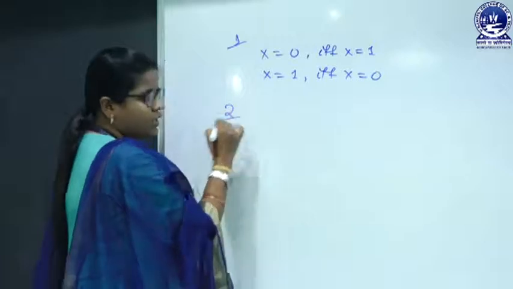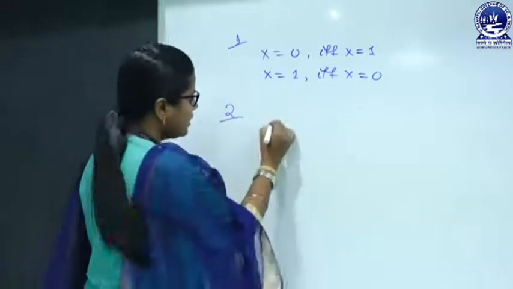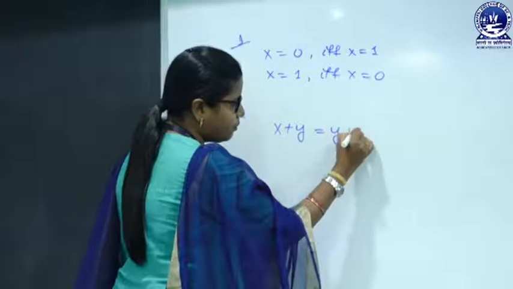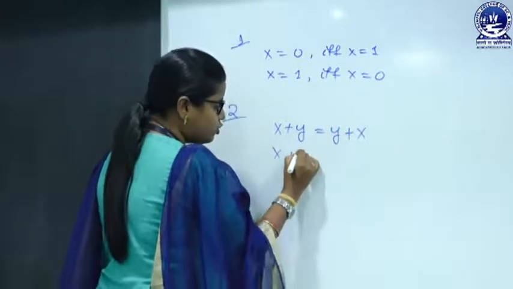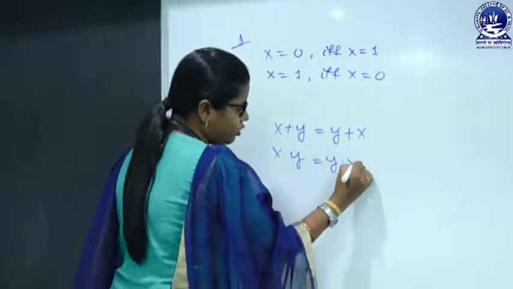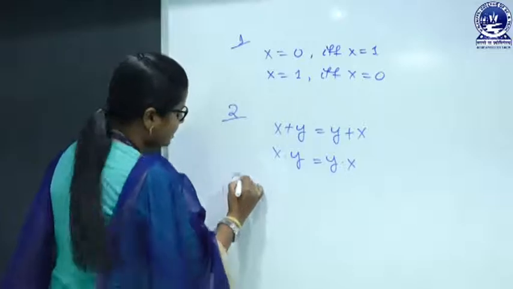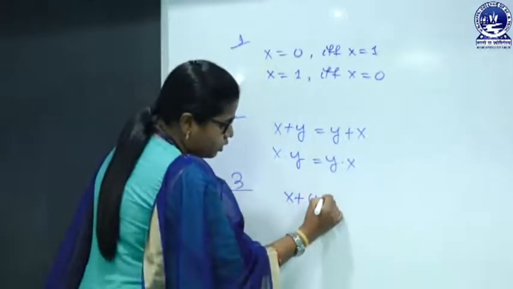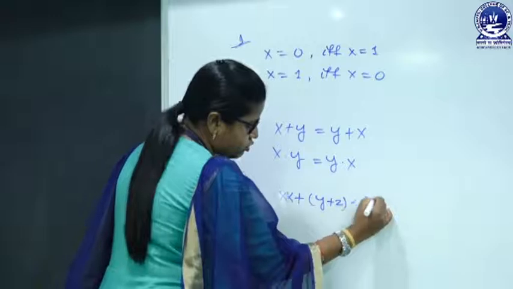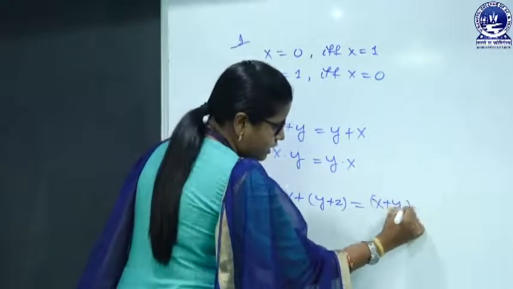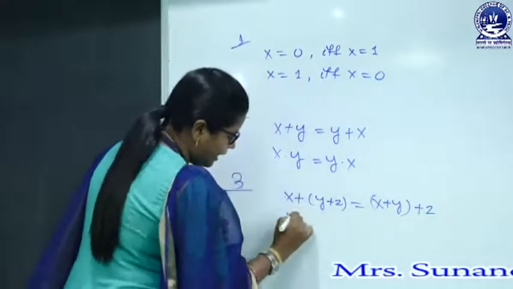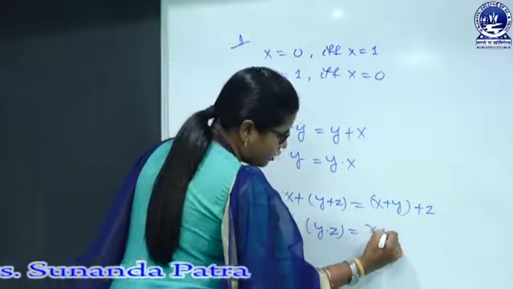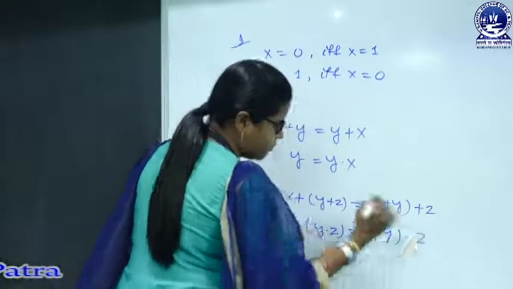The second postulate says the commutative law, that is x plus y equals y plus x, and x into y equals y into x. The third is our associative law. Here it says x plus (y plus z) equals (x plus y) plus z, and x into (y into z) equals (x into y) into z.